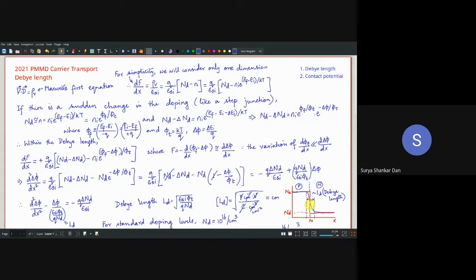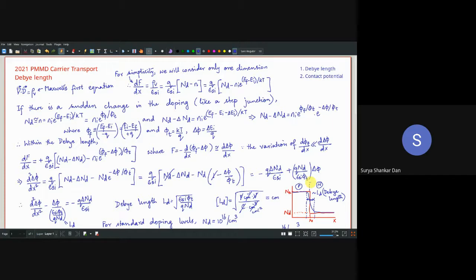So the meaning is that the material which you are using for making this junction, for example, a silicon PN junction, very simple, a PN diode made with silicon, this LD will be the order of the length of that silicon just in the vicinity of the PN junction, where you are not going to get proper device characteristics.